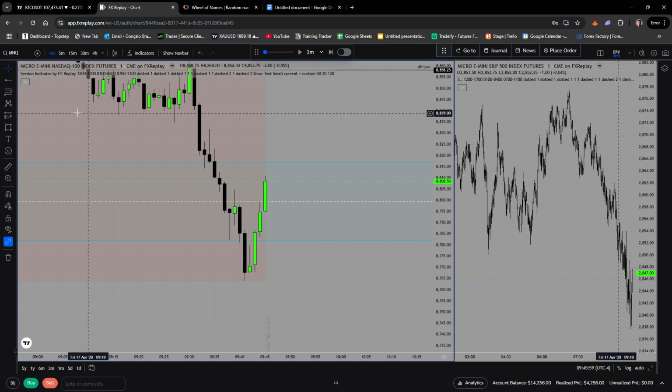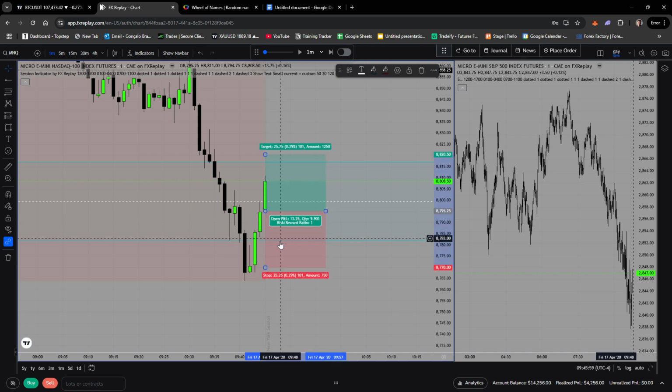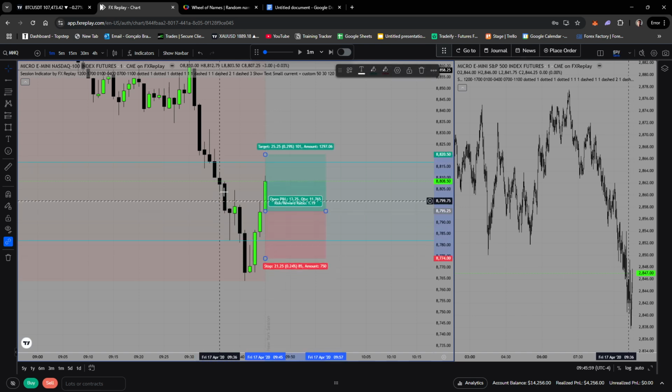Okay. I'm going to take a buy here off the breaker. We see we have a lower high, just got inversed, displacement. We do have a fair value gap that overlaps the candle. So I'm going to take that.